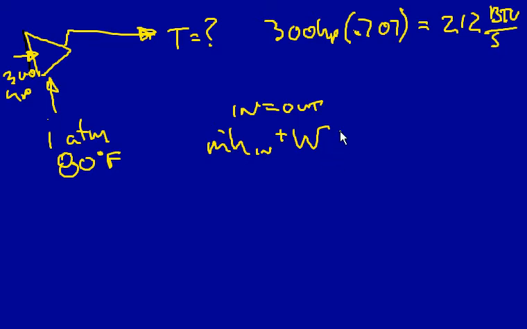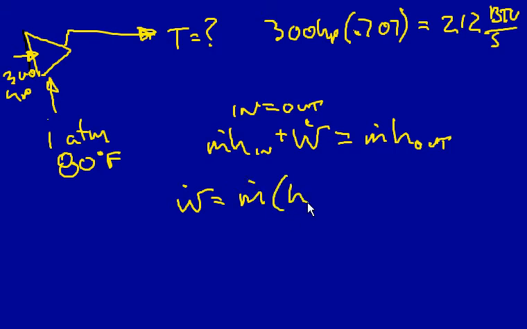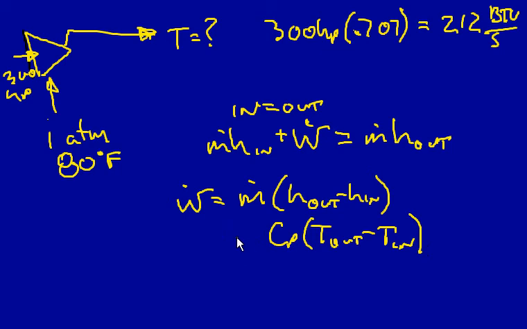So M dot Hin plus W dot work in is equal to M dot H out, or W dot equals M dot times H out minus Hin, and for an ideal gas that'll be Cp times T out minus T in, assuming our Cp represents that range of temperatures.